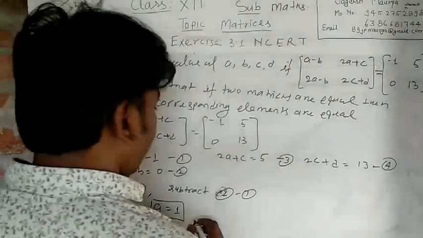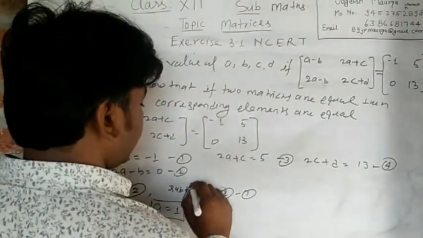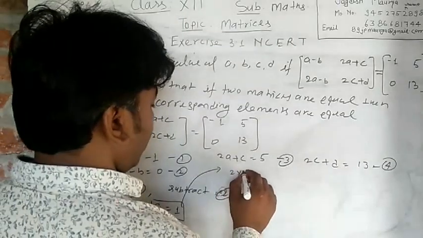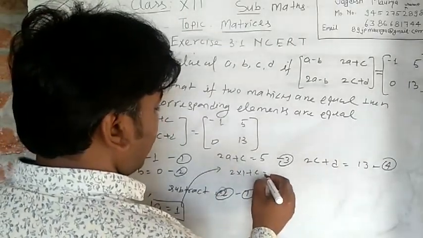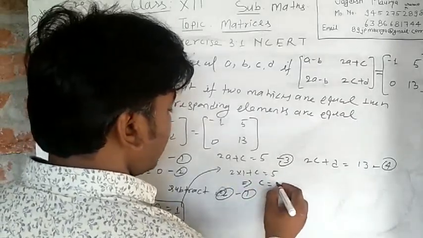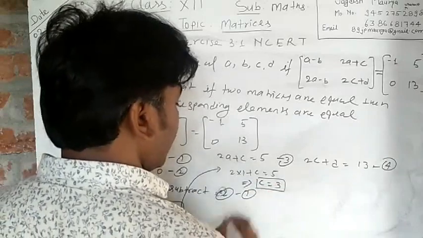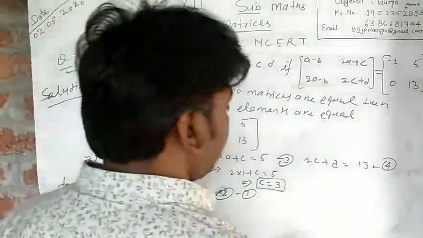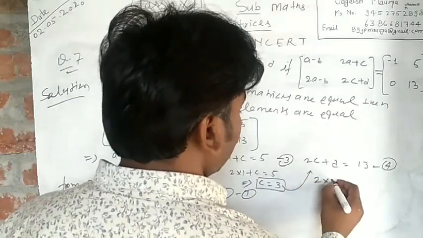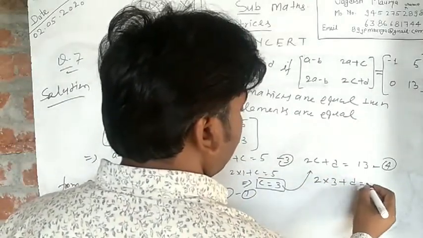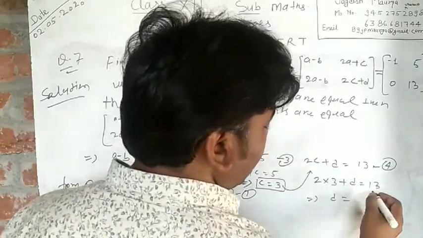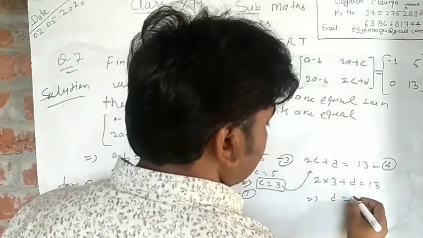Putting the value of a in equation number 3, 2 into 1 plus c equal to 5, this implies that c equal to 3. Now putting the value of c in equation number 4, 2 into 3 plus d equal to 13, this comes to d equal to 13 minus 6, which is 7.